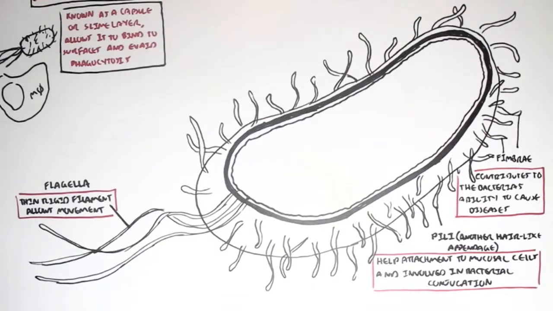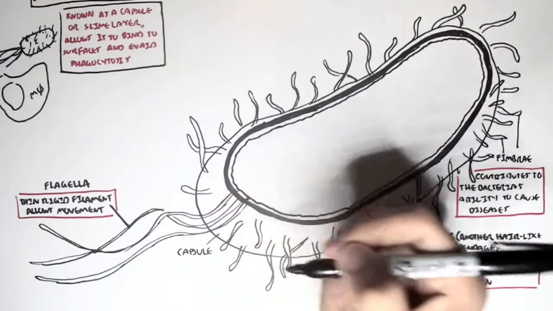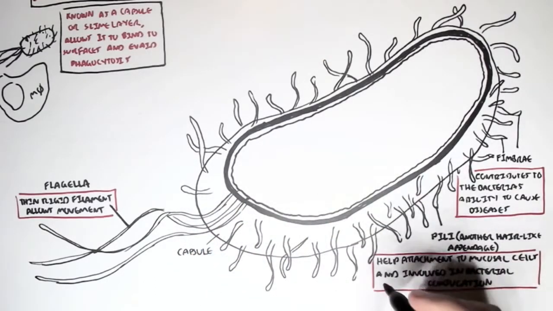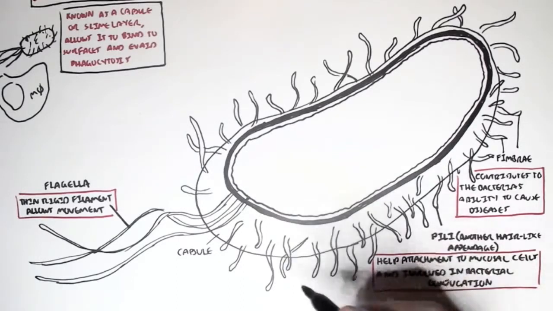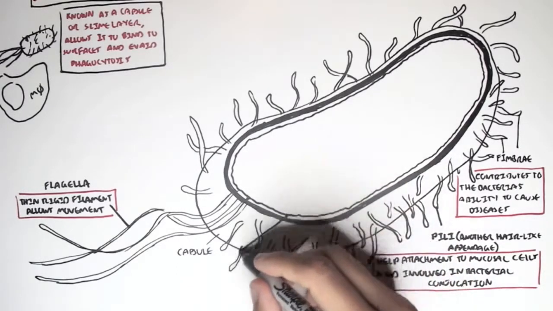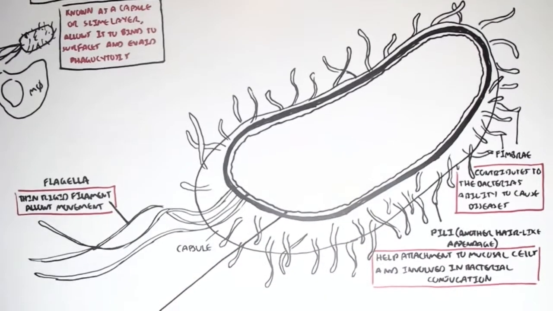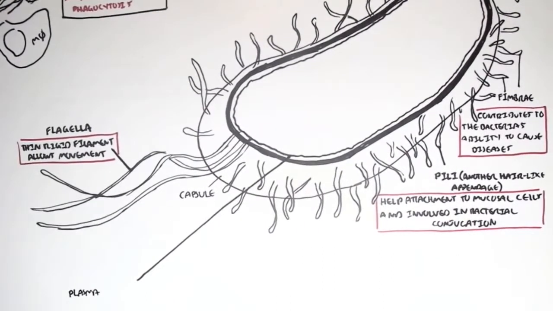Now let's look at the different layers a bacteria has. The bacteria's outermost layer is known as a capsule, and as we know, it has polysaccharides, which enable it to bind to cell surfaces and also avoid phagocytosis, such as avoiding macrophages and neutrophils. The bacteria's innermost layer is known as the plasma membrane, and plasma membranes are also found in human cells, for example, in eukaryotes.